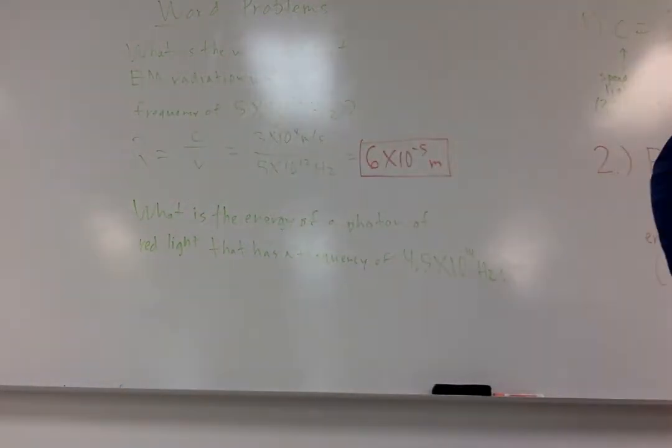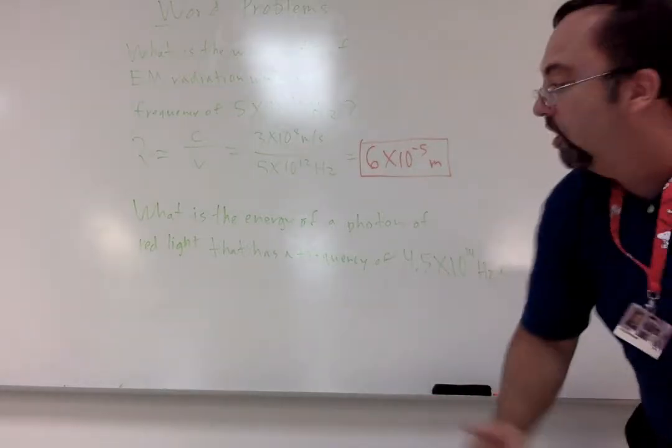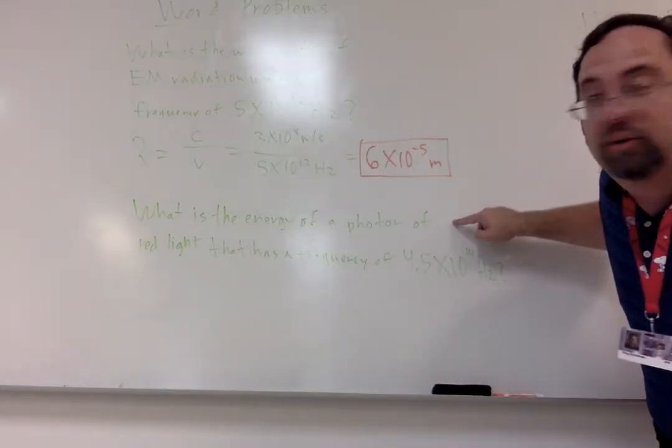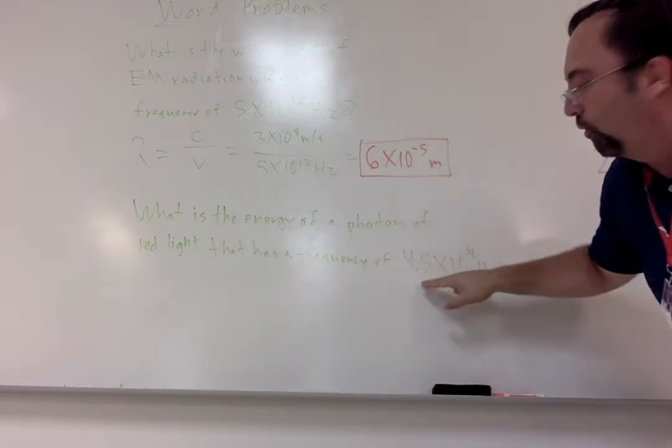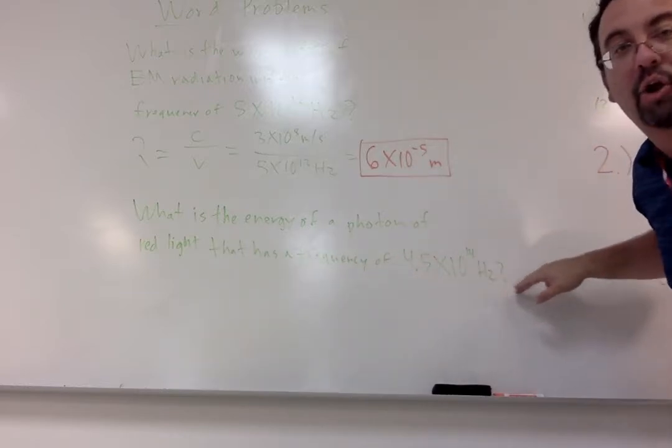Let me go ahead and repeat the question. What is the energy of a photon of red light that has a frequency of 4.5 times 10 to the 14 hertz?